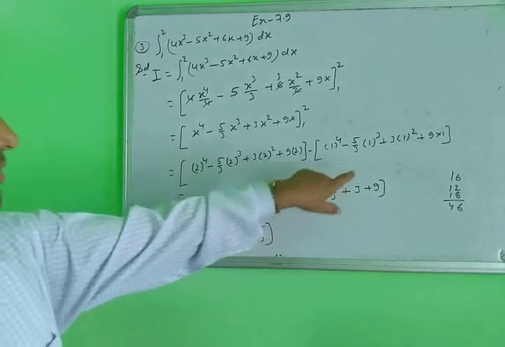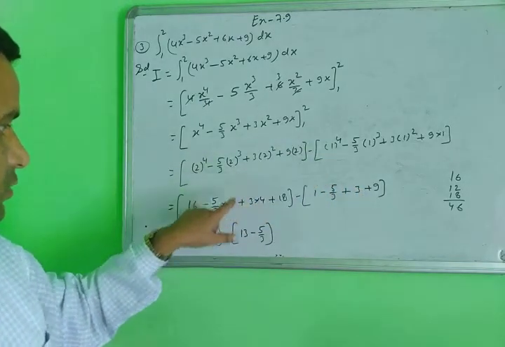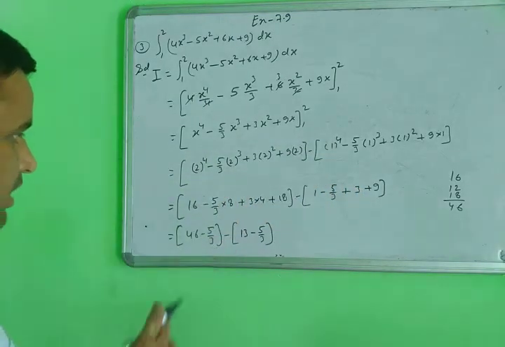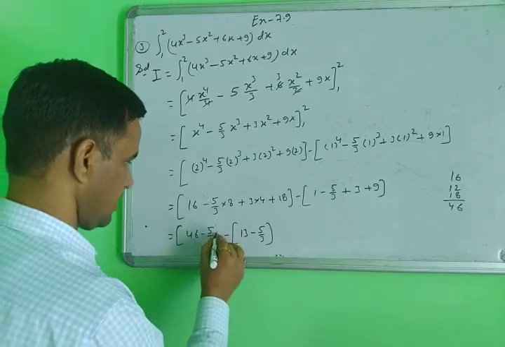Now look, 5 by 3 here and 5 by 3 here. Here 8 also. We are not single 5 by 3, here 8 also.